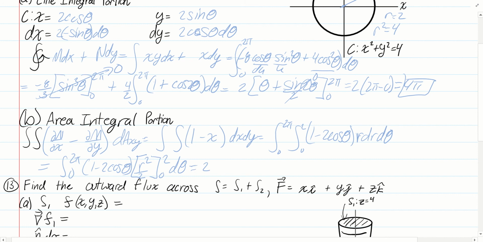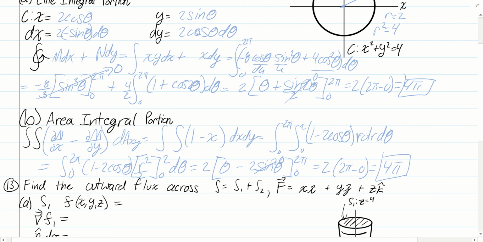Integrate theta, so it's going to become 2 times theta minus 2 sine theta from 0 to 2 pi. This term will go to 0, and then again we'll have 2 times 2 pi minus 0, which equals 4 pi. It's the same thing. Therefore, I've verified circulation curl form for Green's theorem.